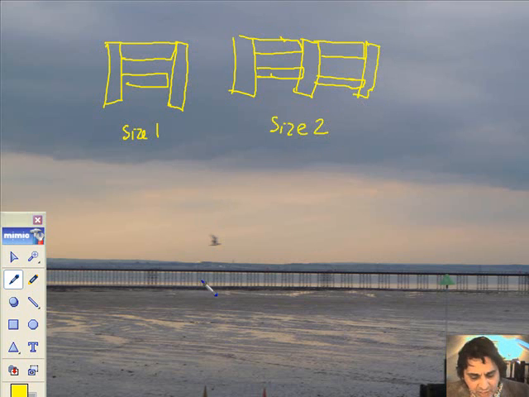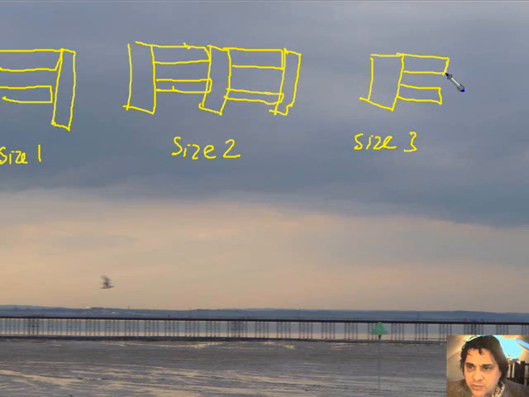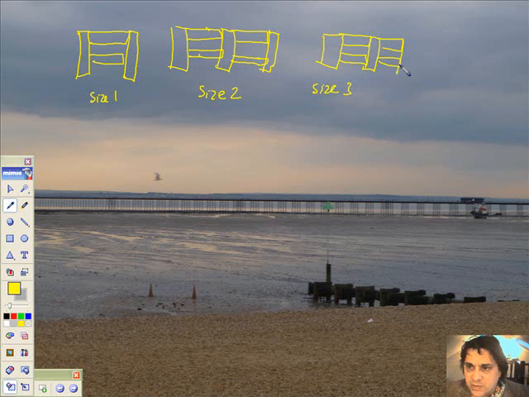How many pieces of wood are needed to make size 3? Okay, let's just do it then. So this is size 3, so one of these, 2 little blocks across, then a straight bit, then 2 little blocks across, and then a straight bit, and then 2 little blocks across, and then a straight bit. There, I've done it. Right, how many have we got here? Size 1, 1, 2, 3, 4 bits of wood.